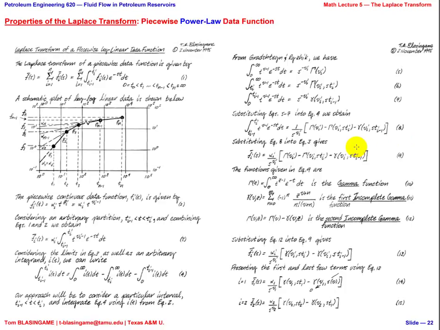Another method, which is very similar to the previous one, you'll see why, is the piecewise log-linear data function. So if you have a set of data, again, note the scale: it is logarithmic here, and logarithmic here, right?